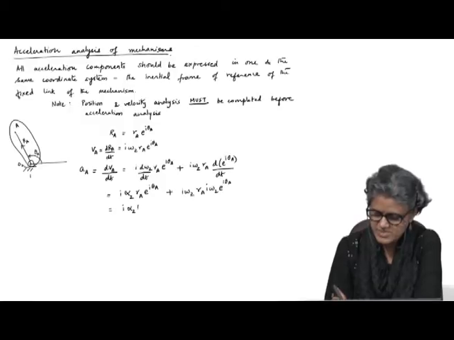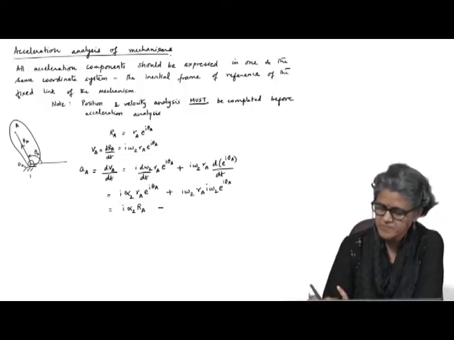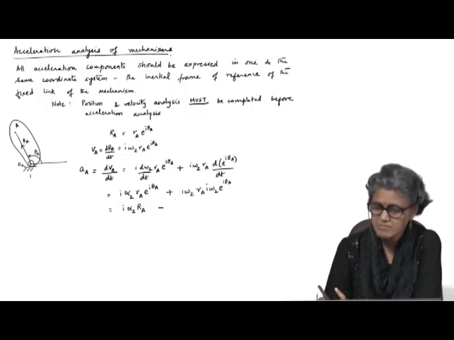I can write this as i alpha_2 times the vector R_A, minus, because i into i is minus 1, omega_2 squared R_A.